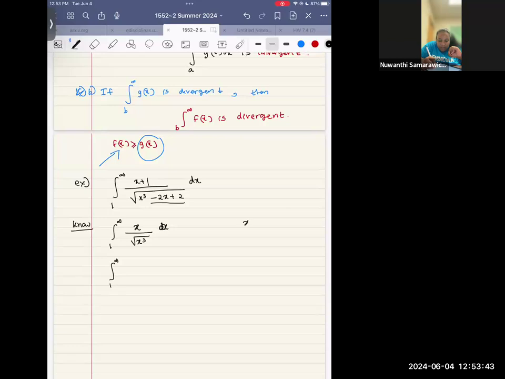This means x to the power 1. In the denominator, we have x to the power 3 over 2, because the square root means it's a half power. That's how I got 3 over 2. So what is this one? By the quotient rule for exponents, what is this equal to?